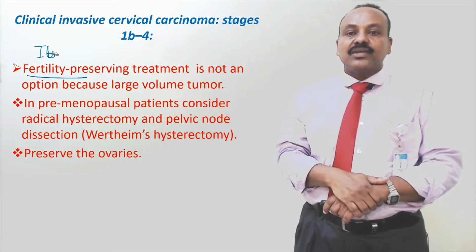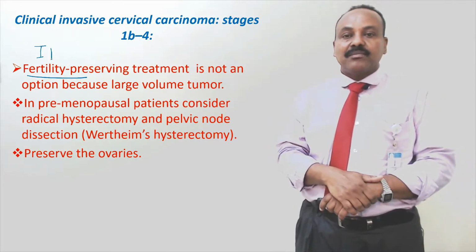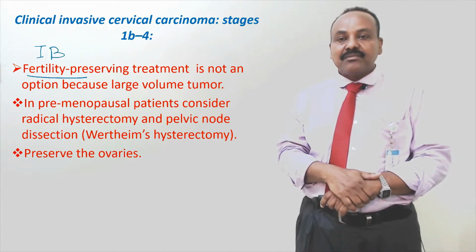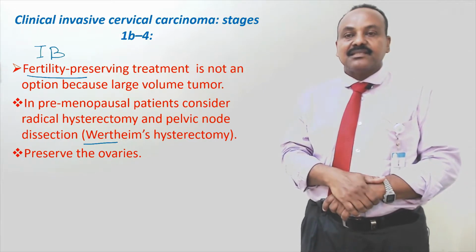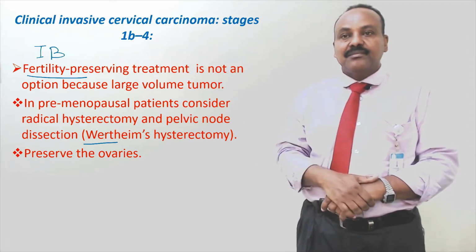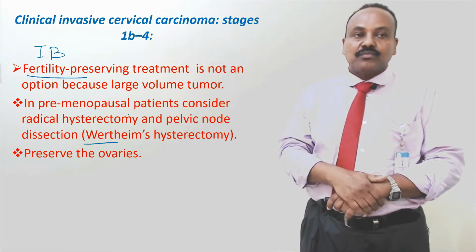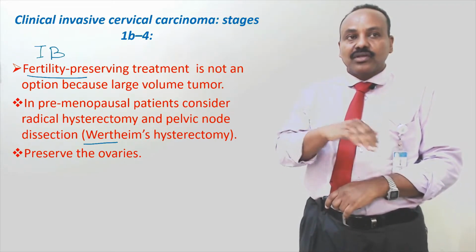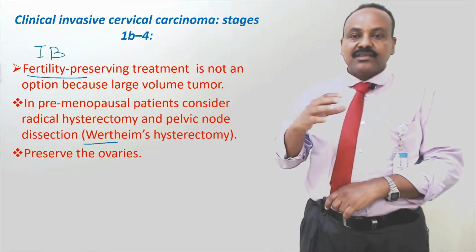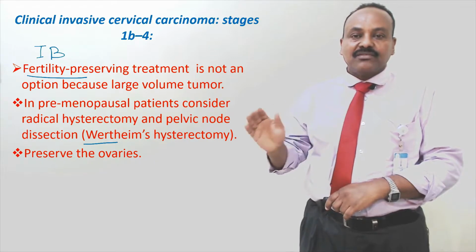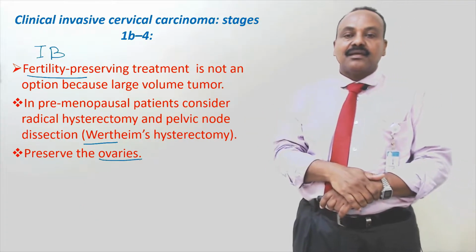In premenopausal patients we also consider radical hysterectomy and pelvic node dissection, and preserve the ovaries. Here, because it is a large volume, we need to do radical hysterectomy. We remove the uterus, tissues, lymph nodes, cervix, vagina, everything, but we leave the ovaries because the woman is still young.